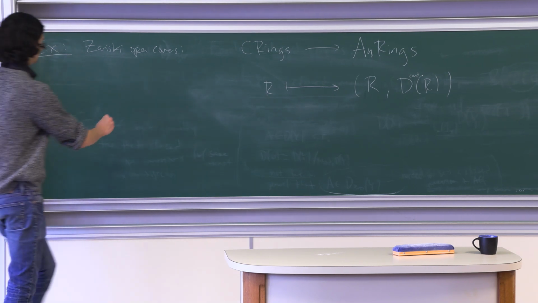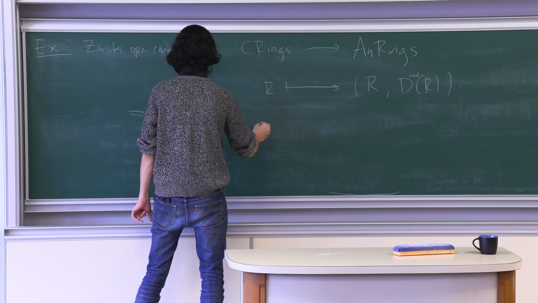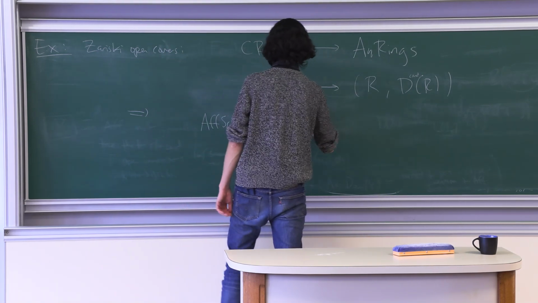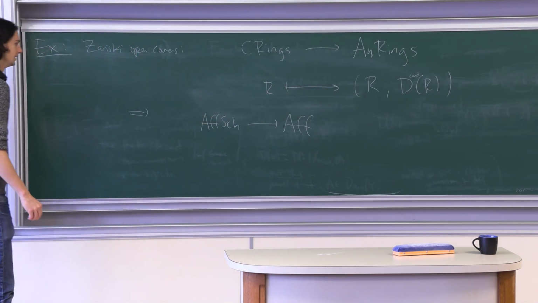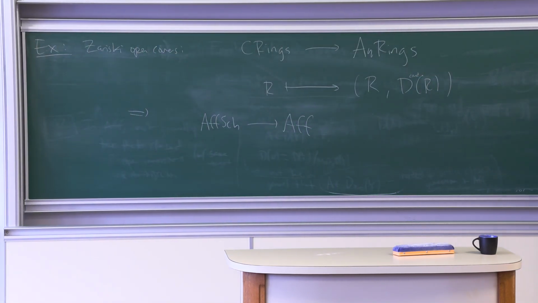Okay, so this induces a functor from affine schemes to what I was calling AF, which is affine analytic spaces, which is just the same functor but viewed on the level of opposite categories.